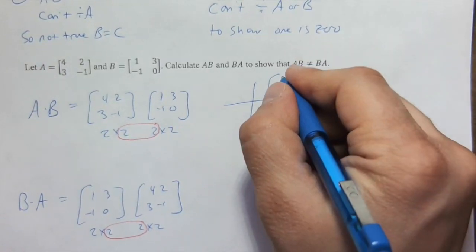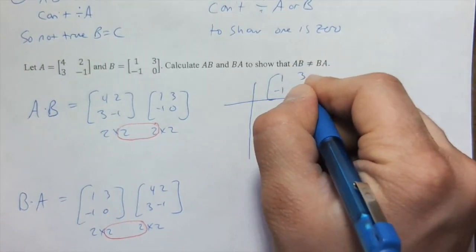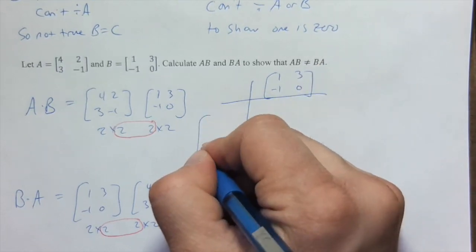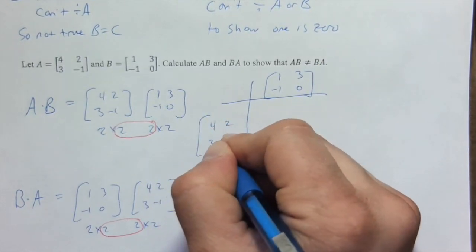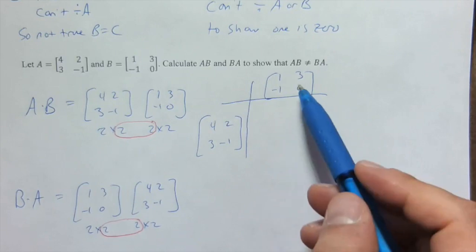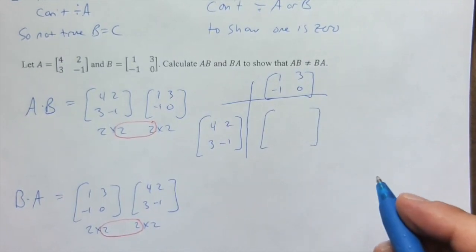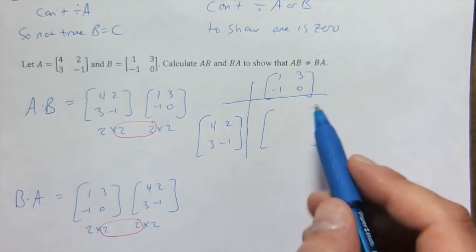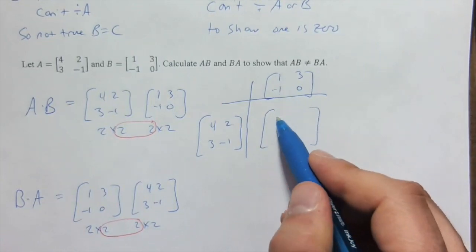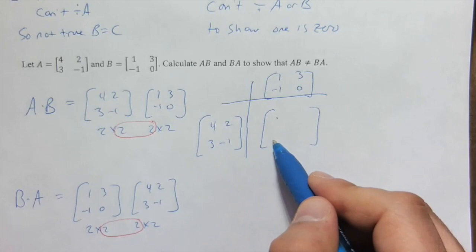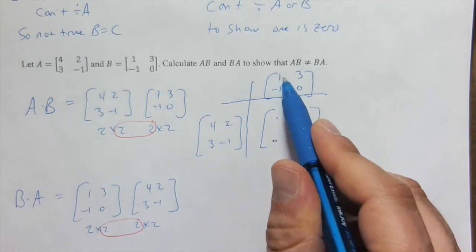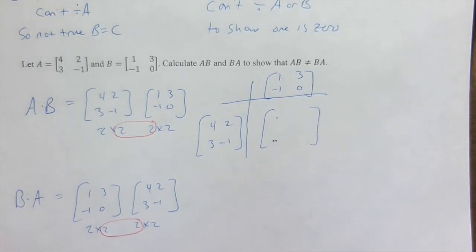And so the way we would set this up, like we talked about on the last page, is you put the second matrix here, the first matrix here, and then this is going to end up being a 2 by 2. You would multiply this column with this row, and then down here you multiply this row with that column. You should take a second and try this yourself, right?